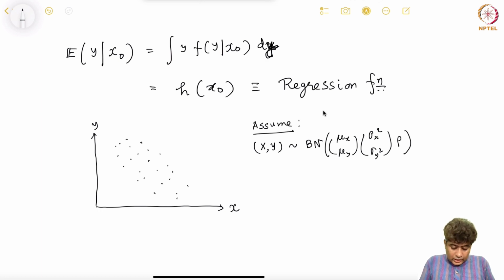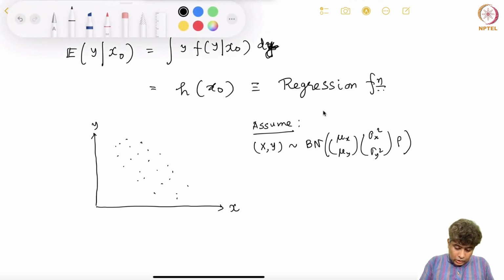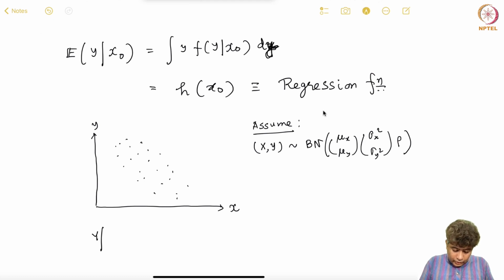If you assume that x and y follow a bivariate normal, then you can show that the conditional distribution of y given x naught will follow a normal distribution with some conditional mean and conditional variance.